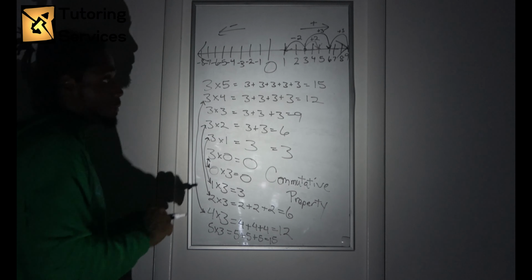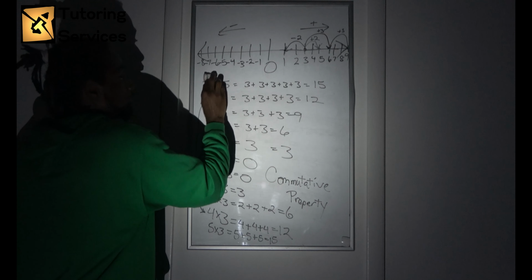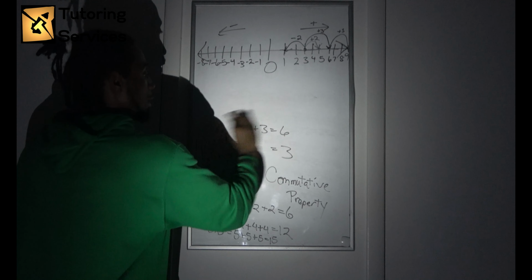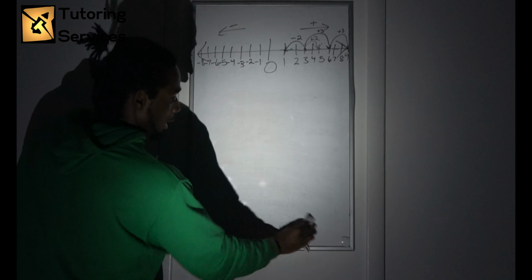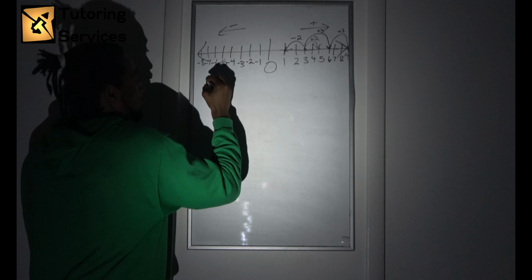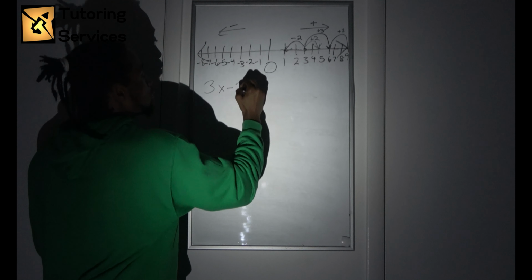Because if I say that we're dealing with negative numbers, now you won't get lost. You'll see how the answers will be the same. I want to know now, what is 3 times negative 2?